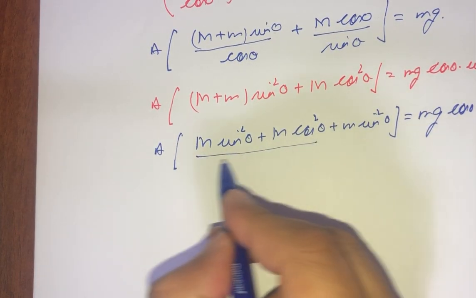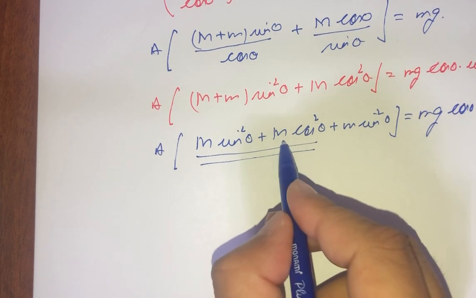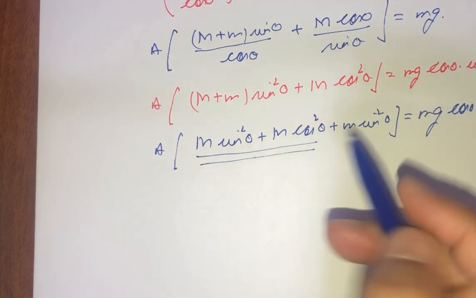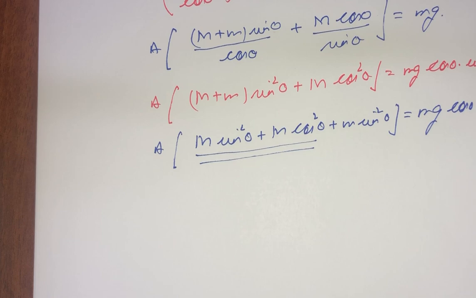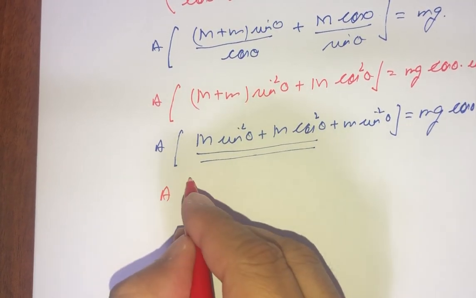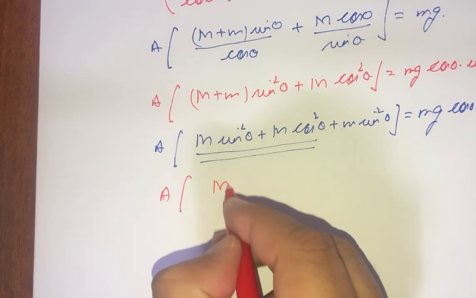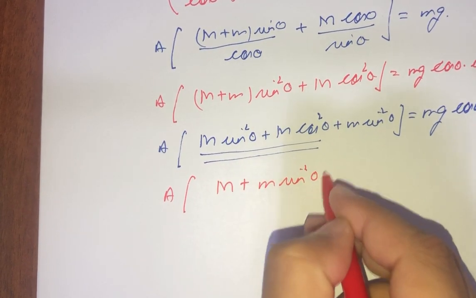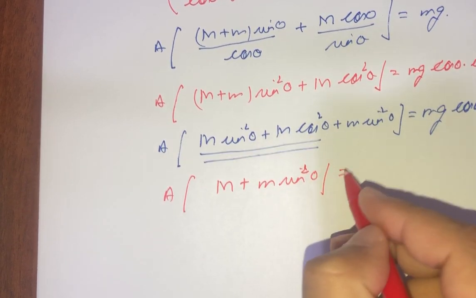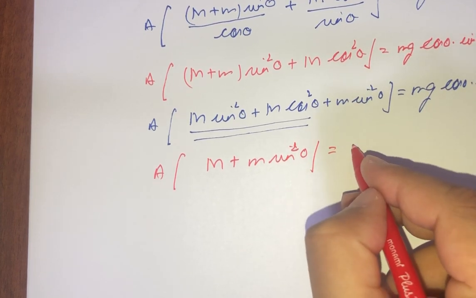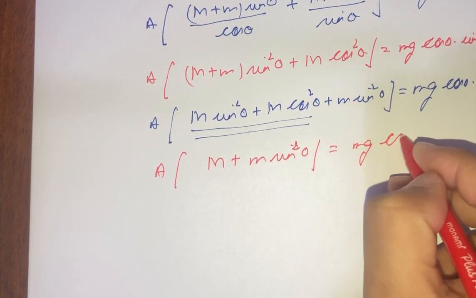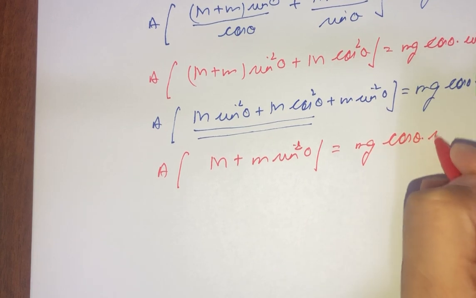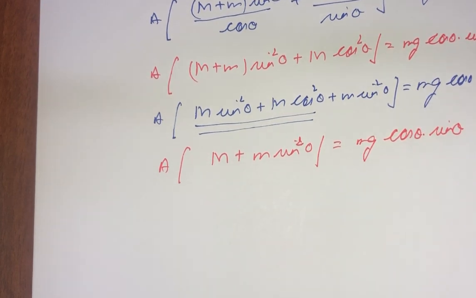Now in this term, we're taking m as common, this will be sine square plus cos square, which is 1. We can say that A times capital M plus small m sine square theta is equal to mg cos theta sine theta.